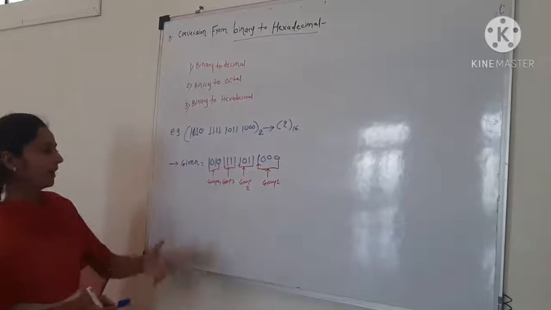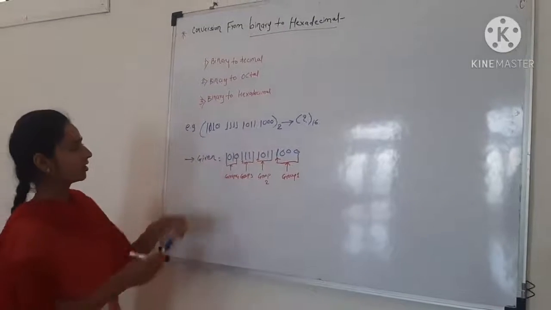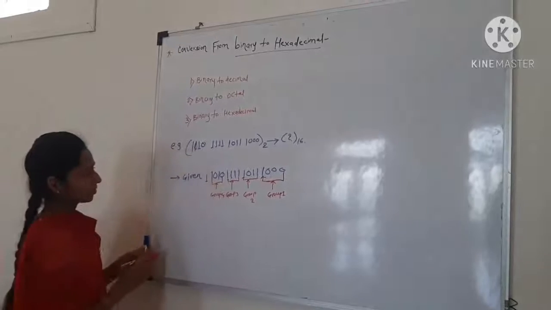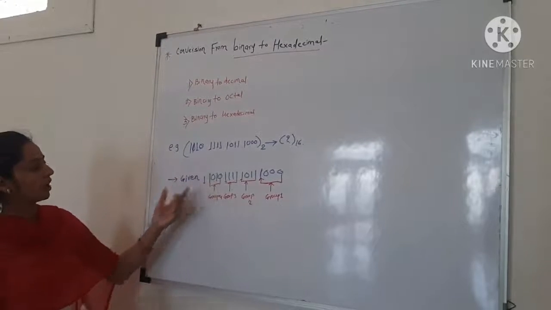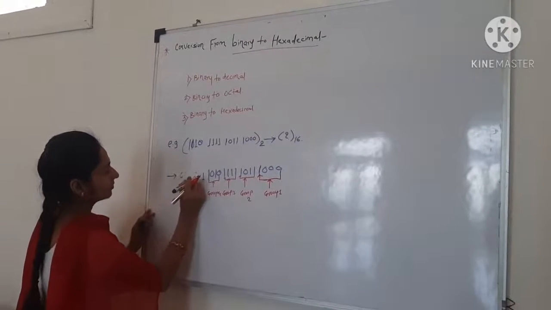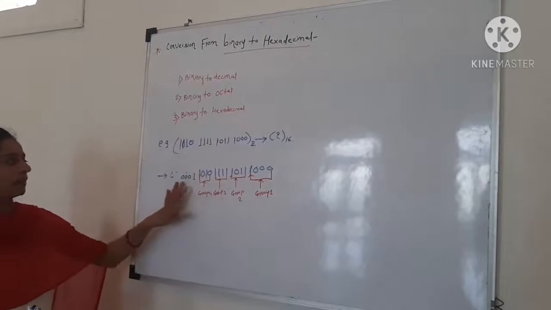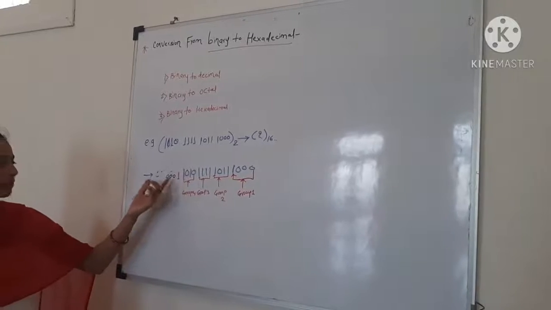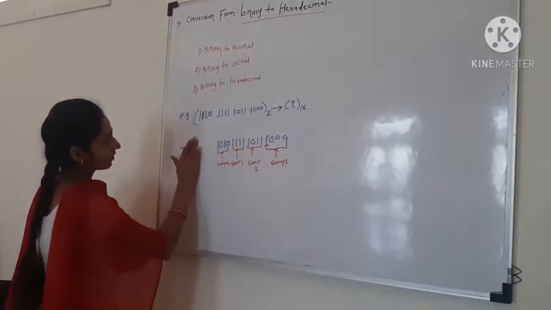While doing the grouping, if only one bit is left, say only one 1 is left, then since we have to make a group of 4 bits, we have to add 3 zeros to complete the group. This is not the case in our example, but if such a case happens, you have to add the zeros on the left side. So this is the first step.